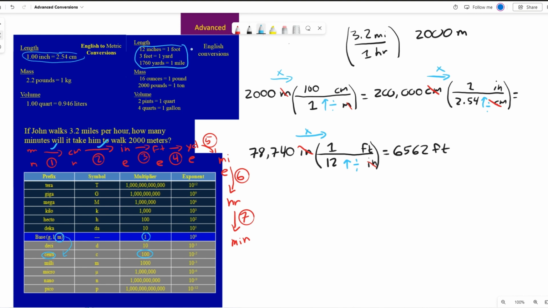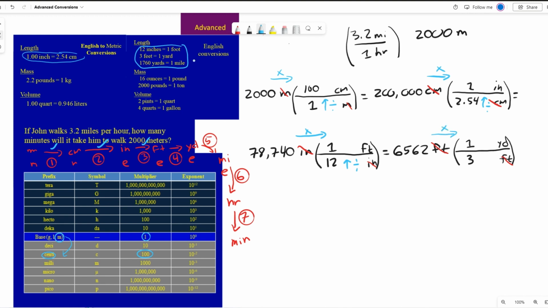Okay, so now we've gotten to feet. Now we need to go from feet to yards. So that'll be our next conversion. Feet will go on the bottom. Yards will go on the top. And from our English to English conversions, we can see it's 3 feet for every 1 yard. We're set up so that feet and feet cancel out.